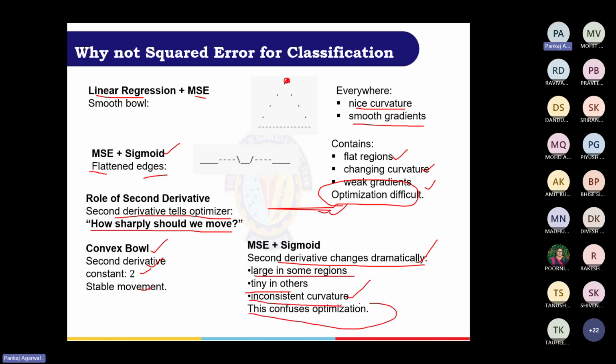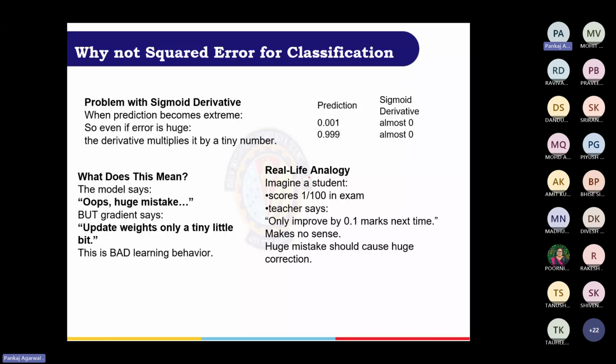So this technically confuses my optimization. That's the reason why we are not going for MSE as a suitable loss function. So the problem with the sigmoid derivative is what? When the prediction becomes extreme, even though the error is huge, the derivative multiplies it by a tiny number like this one, right?